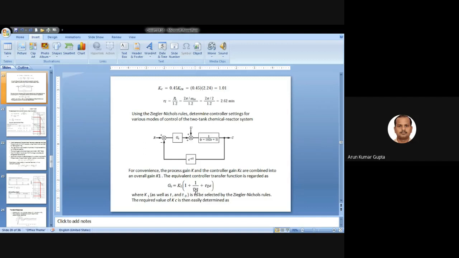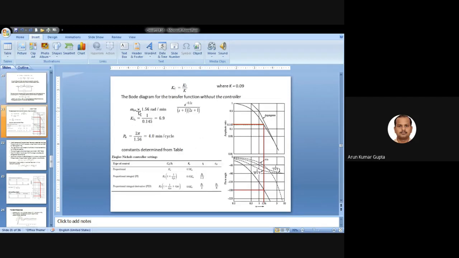And now we have tau I and tau D. So we basically have three parameters: K1, tau I, tau D, and those can be found by the Ziegler-Nichols rule. Kc is basically given as K1 upon K, where K is 0.09, that is given in your problem. So if you know the Kc, you can find out the K1 value, right?